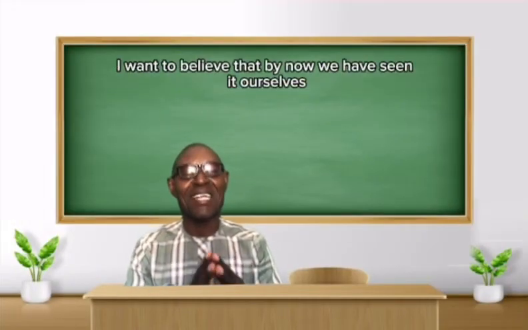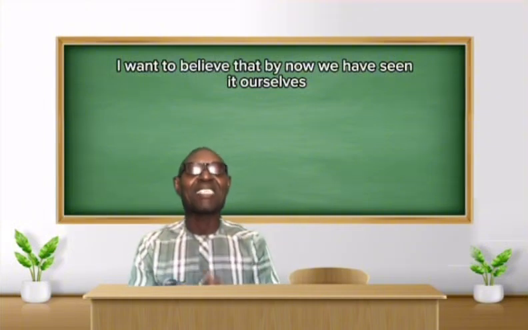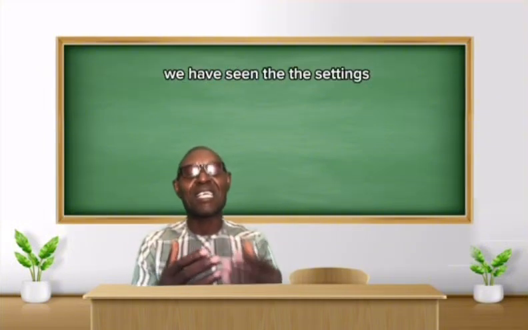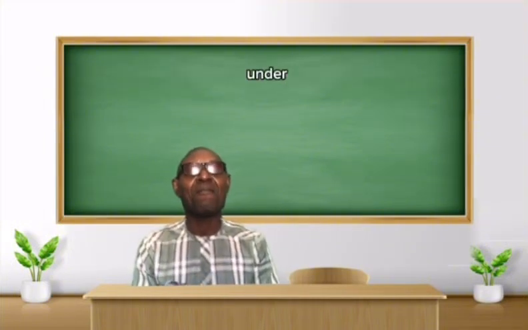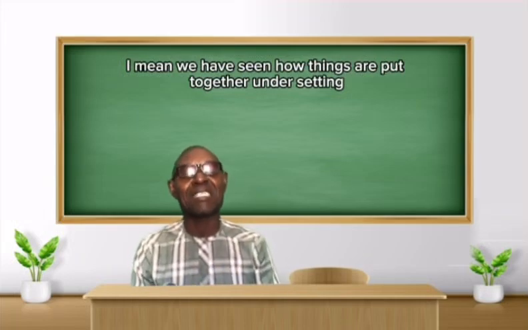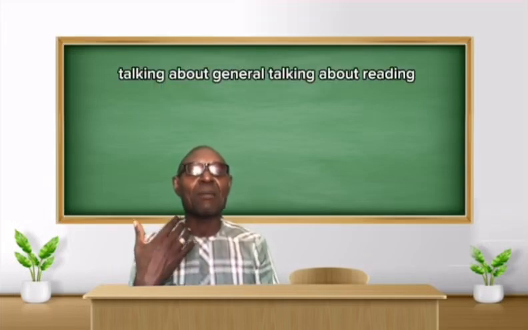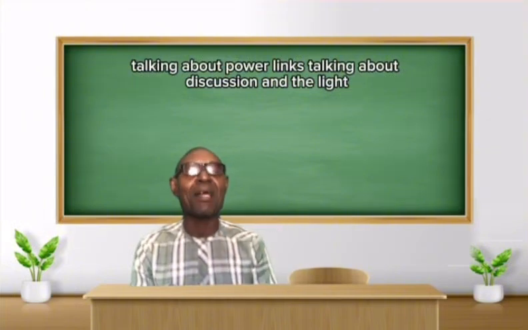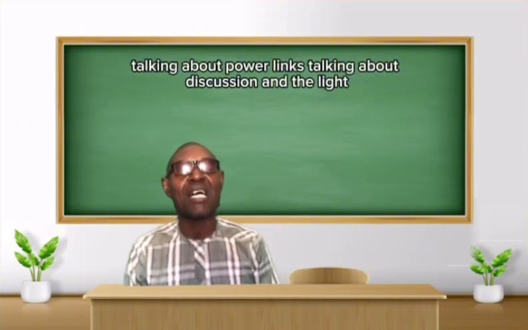I want to believe that by now we have seen it ourselves. We have seen the settings, how things are put together under settings, talking about general, reading, permalinks, discussion and the like.